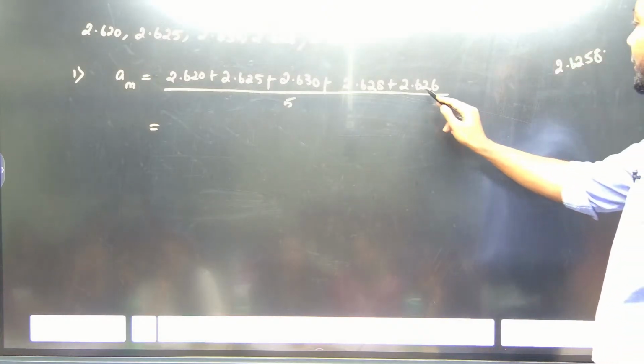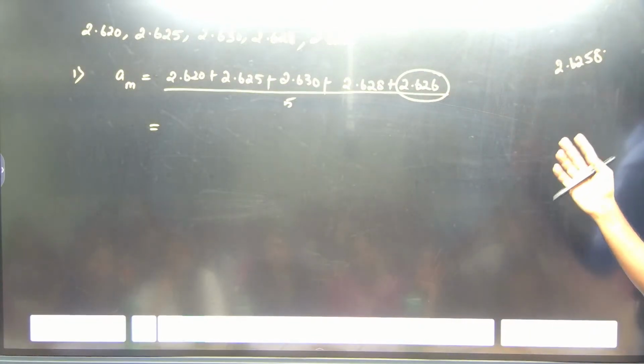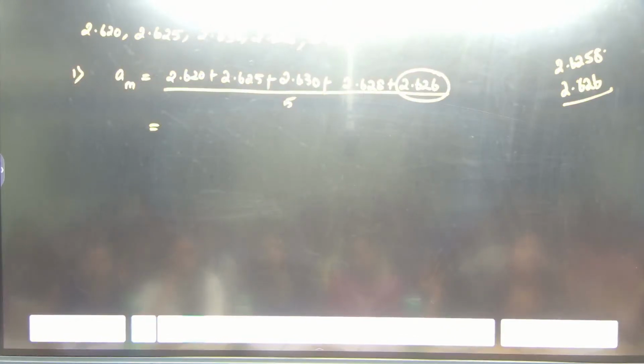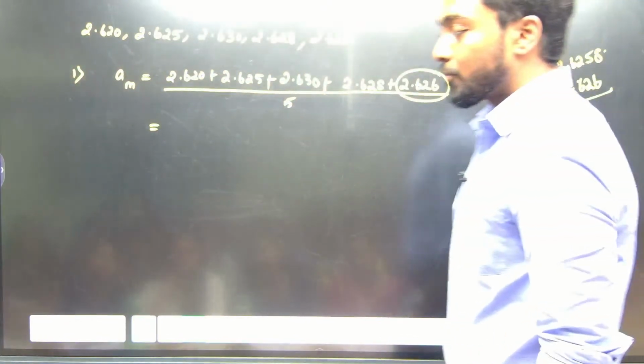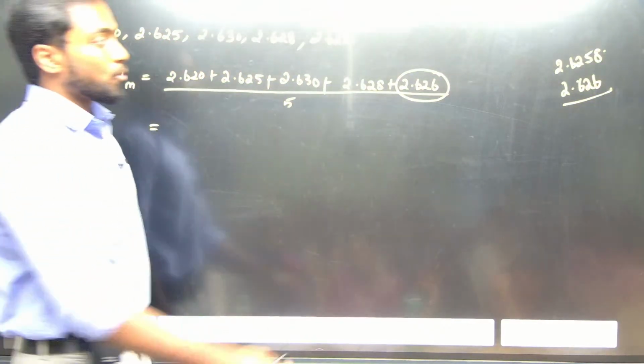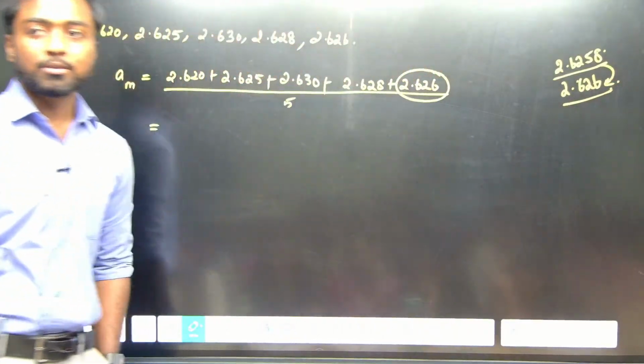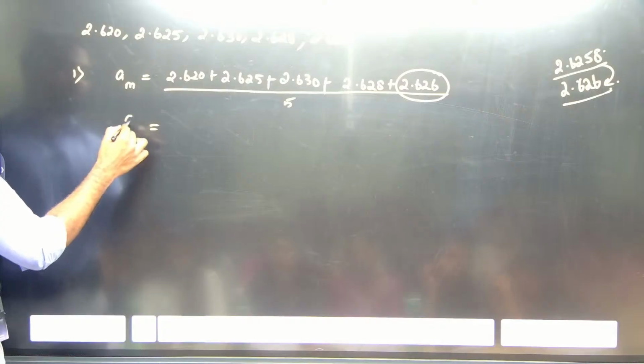But if you see here, 1, 2, 3, 4 decimal values are there, no? I need to round off the value to 4 only. We'll see rounding off and significant figures in the next topic. Before that, I'll tell you the direct answer here: 2.626 we will get. I'll explain rounding off and significant figures once we complete this problem. So you will get 2.6258, and after rounding off we will get 2.626. So the mean value is 2.626.